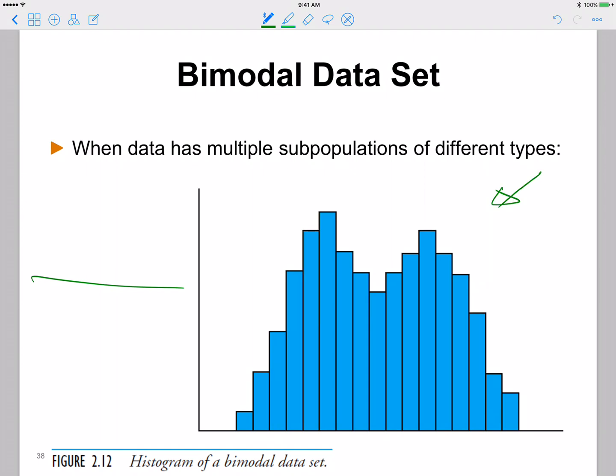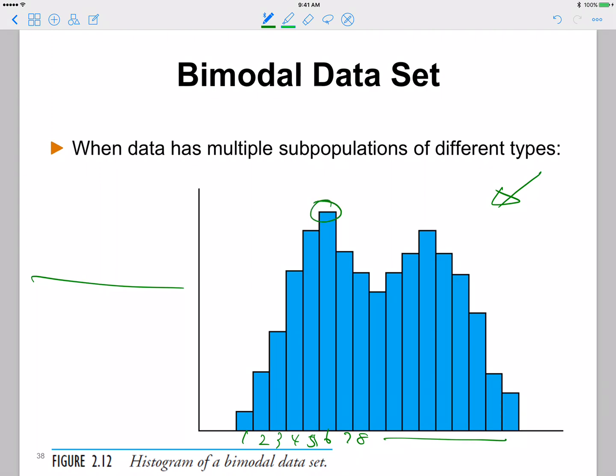Let me ask the question. Where is our mode? Maybe the values are 1, 2, 3, 4, 5, 6, 7, 8, and so on. Then what will be our mode? It should be 6, right? In this case we have only one single mode.